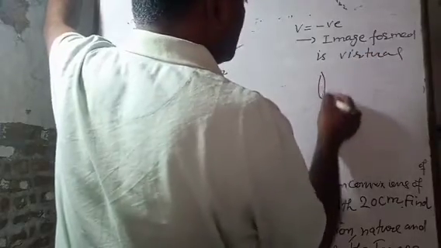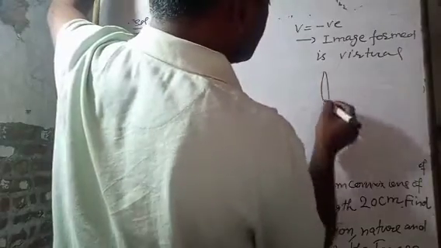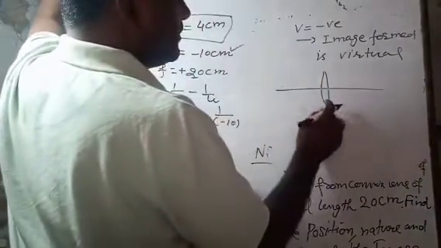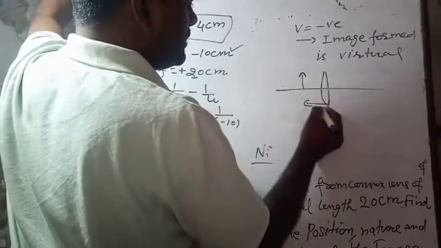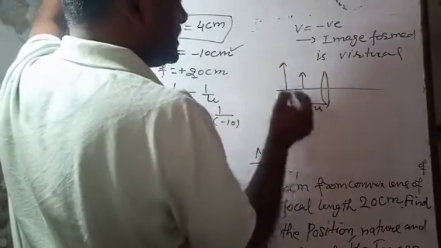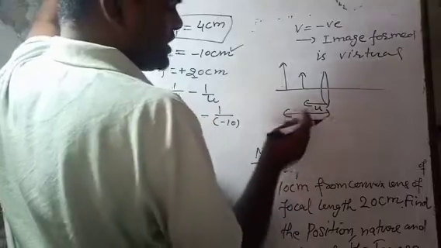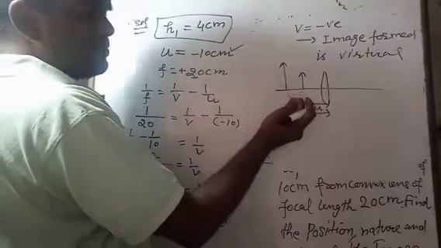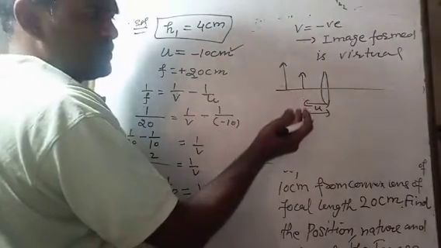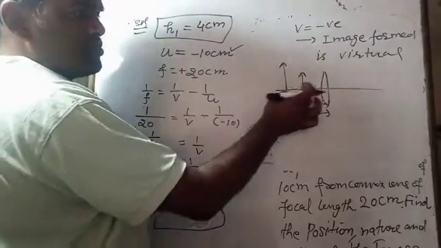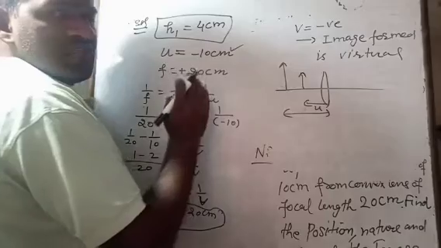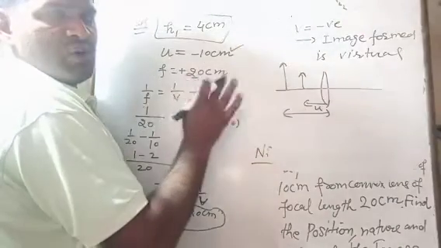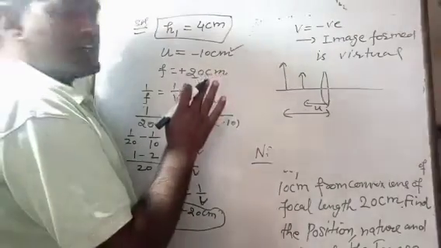And we know the property of lens that whenever V is negative, means if U was here, and if V is somewhere here, for virtual image there is a rule for lenses: object and image are formed at the same side of the lens, only then virtual image will be there.